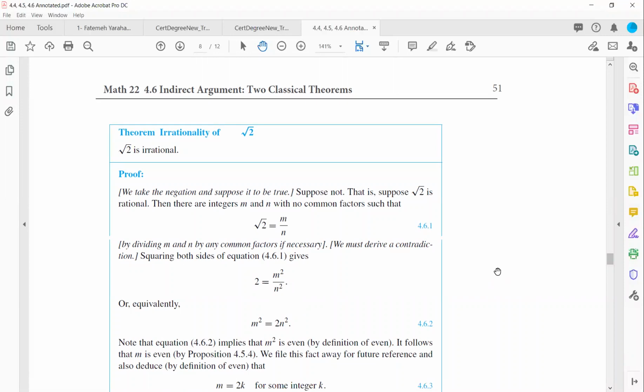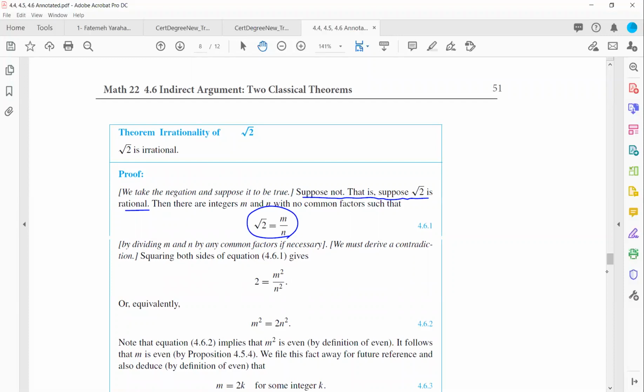Let us use the method of contradiction. Suppose not. Suppose square root of 2 is a rational number. It means that you can find two integers like m and n such that n is never 0 and square root of 2 can be written as m divided by n.